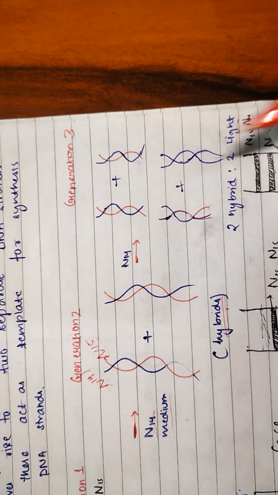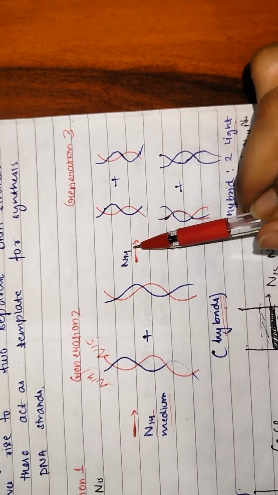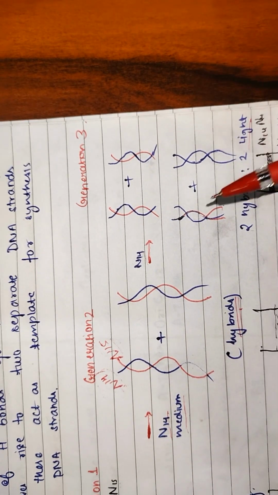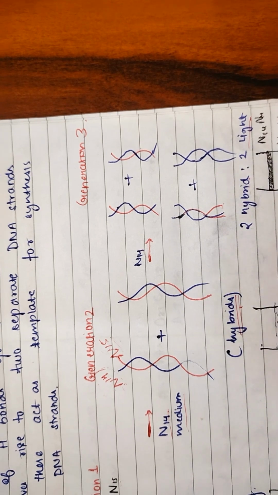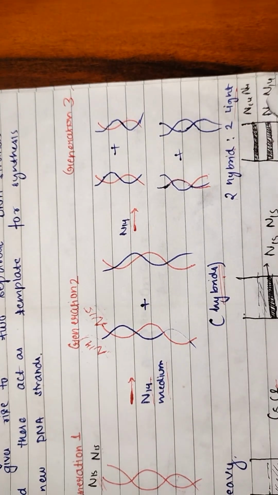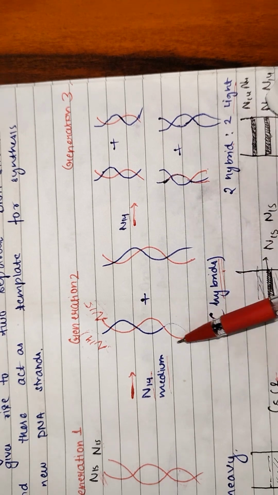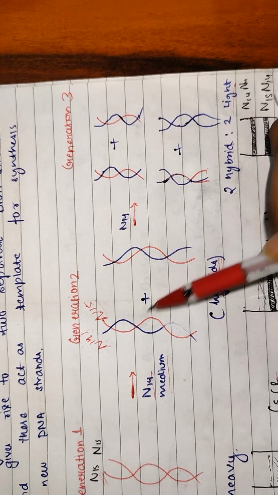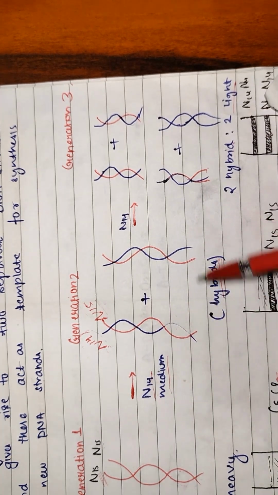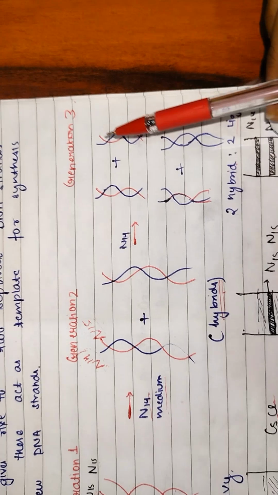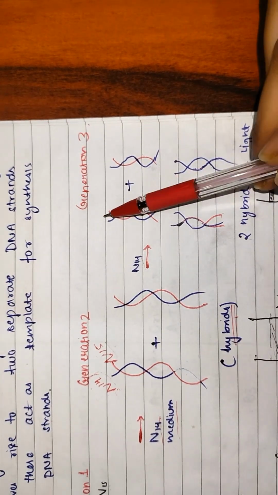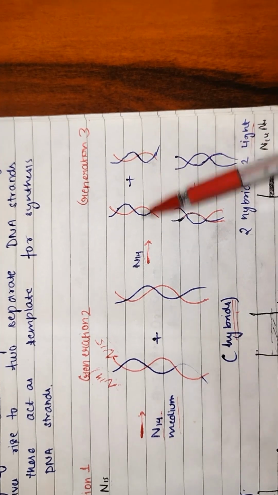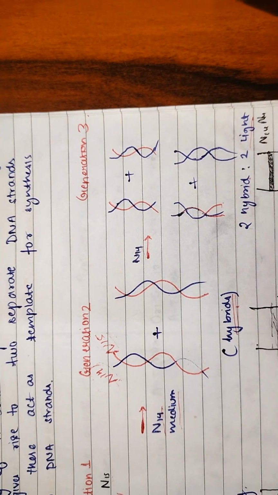Then they grew E. coli for another generation in N14 medium and saw that there were two hybrid DNA and two light DNA. Why does this happen? Because the parental DNA gets separated, this N15 gets separated, and the newly formed DNA has N14 in it, so two hybrids are formed. Similarly, in the next generation, all these strands separate from each other, and the newly synthesized strands have N14 in them, so two hybrids and two light DNA are formed.